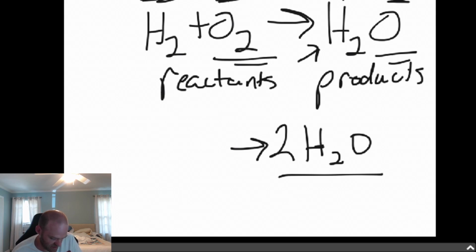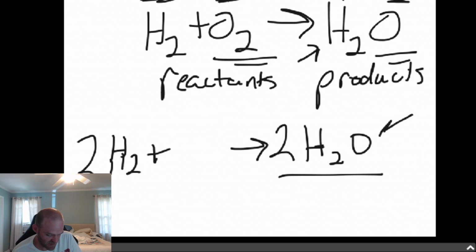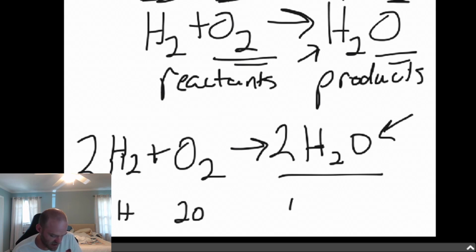So I said I have 4 hydrogens. Remember I can't split the molecule up and just do 4H because it takes energy to break that bond. So I'm going to leave the molecule like it is, and I'm just going to put a 2 in front of it as well, because that also makes 4 hydrogens. Plus, I have 2 oxygens on this side and 2 oxygens on this side. Double checking: 4 H's over here, 2 oxygens right there.